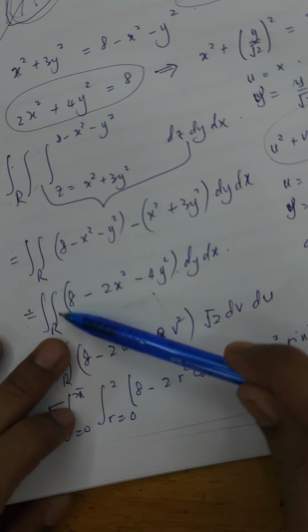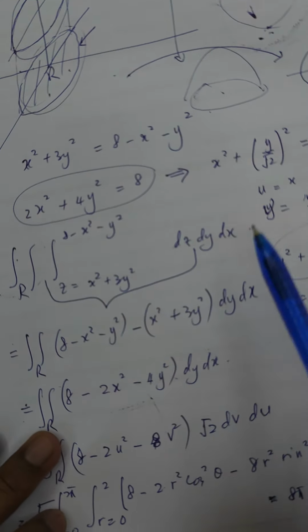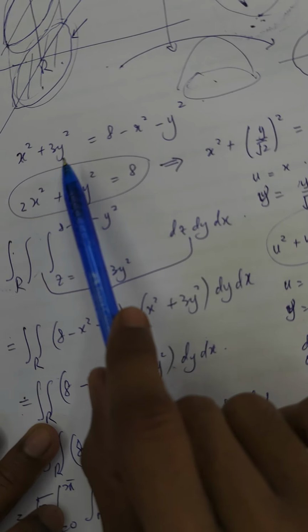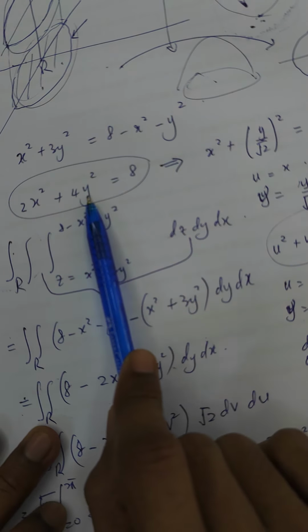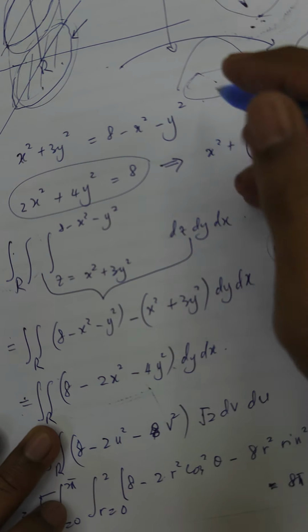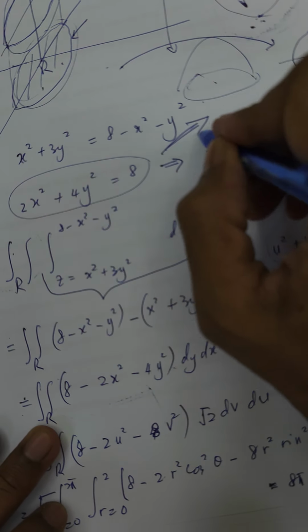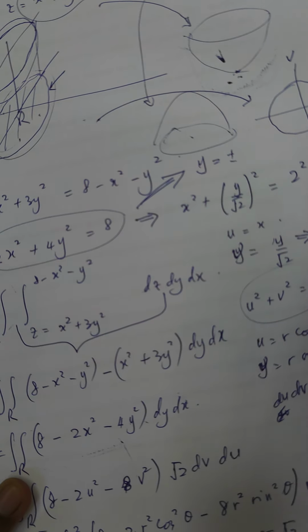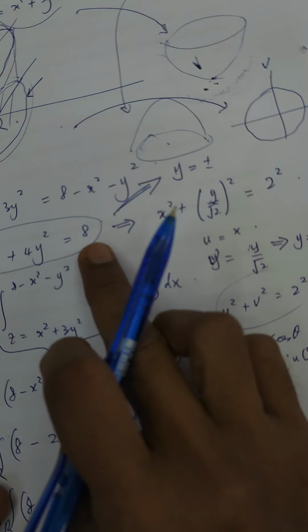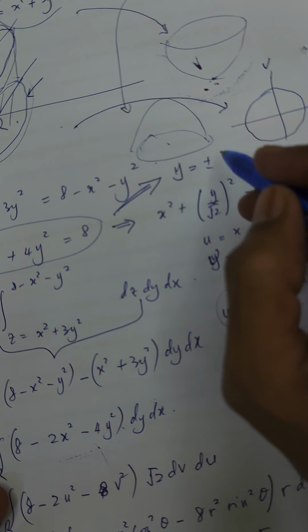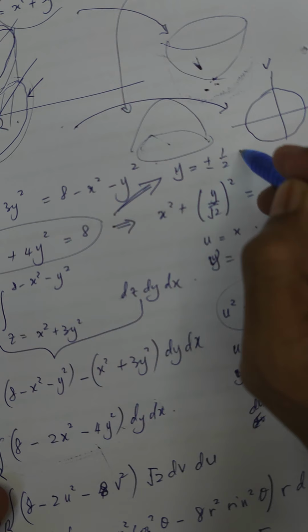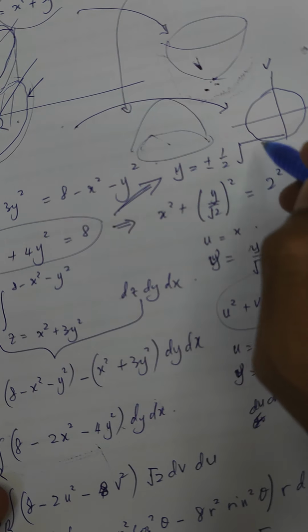then the integration would be from 0 to, you need to write y in terms of x. So you have y equal to plus minus 1 over 4 square root, so we have 1 over 2 square root of 8 minus 2x squared.